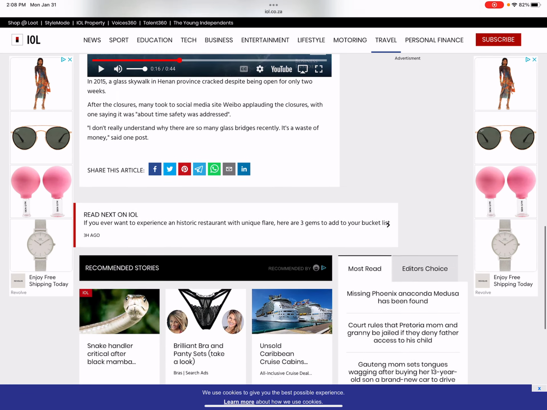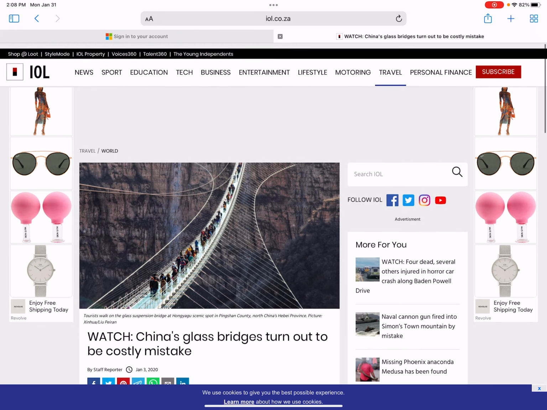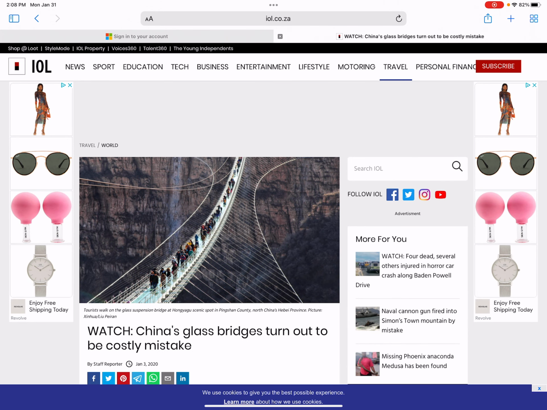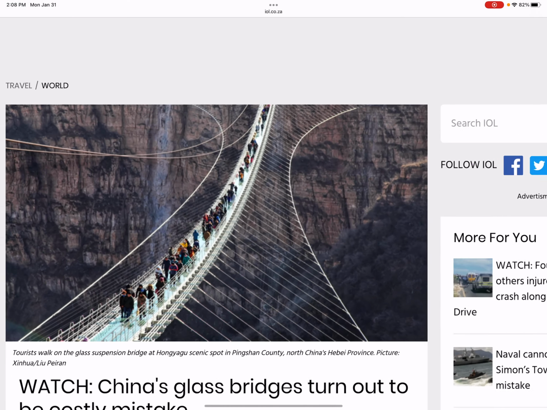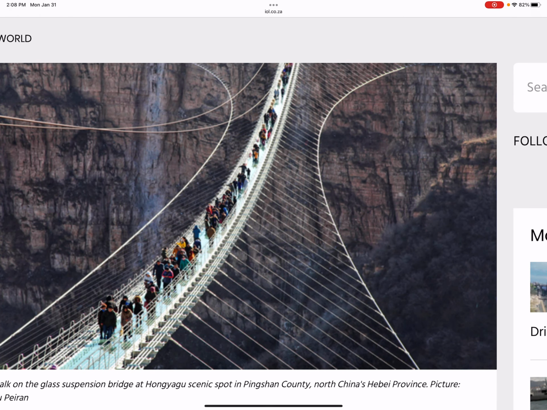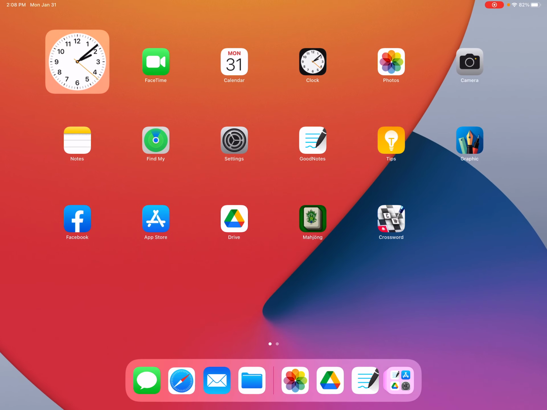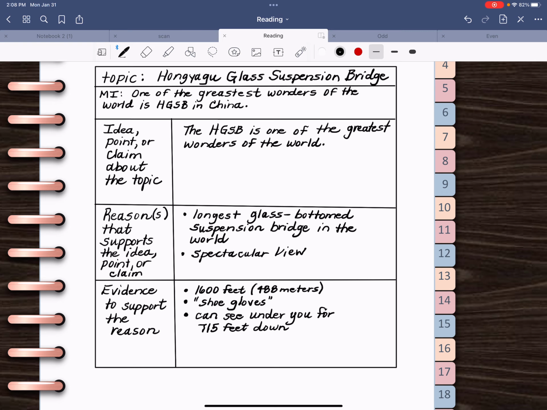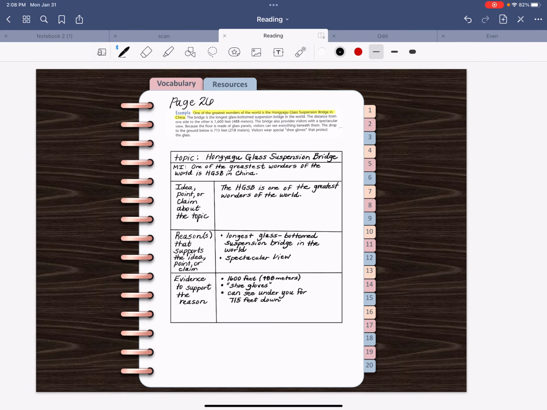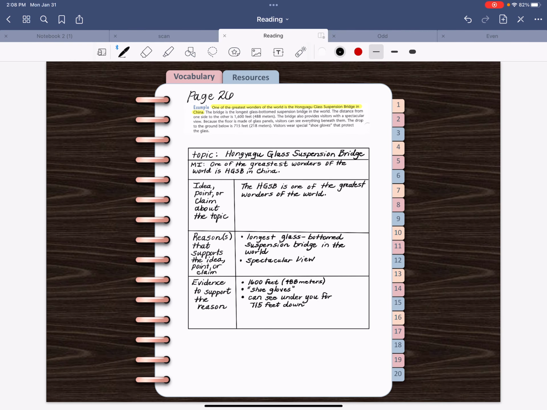I'm not going to keep looking for this, but I did read where a tourist was stranded on this thing, and they had to send rescue crews in there to help that person. So this bridge has since been closed to tourists. If you're interested, you can Google more about that, but I wanted to share that little bit of information with you. Since our book was published, this bridge has been closed.